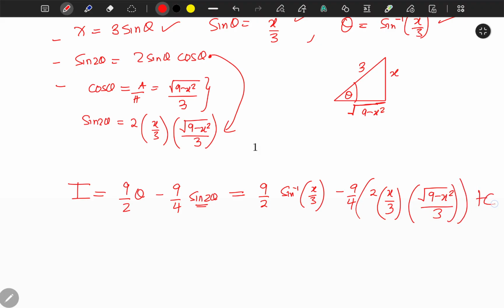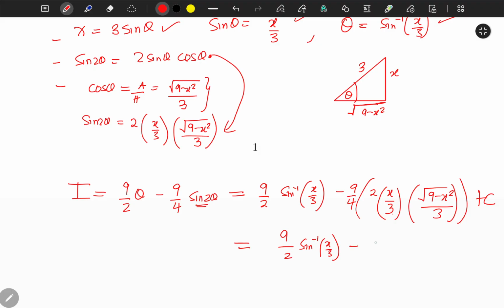All right, now it's complete. We can further simplify this, which will give us 9 over 2 sine inverse of x over 3. Now this can multiply this. This is like 9 times 4, which is 36, and again there is 9 times 2, which is 18.